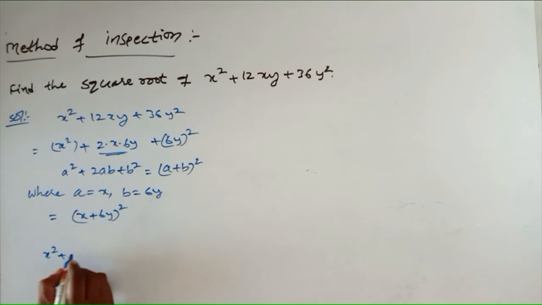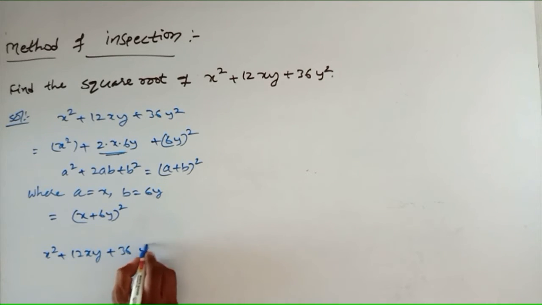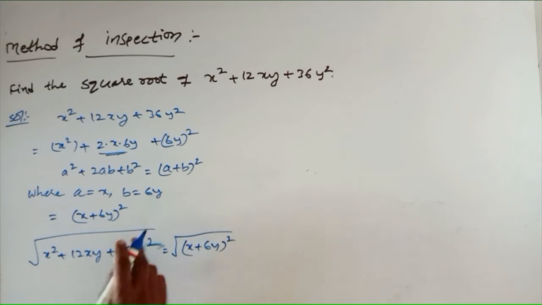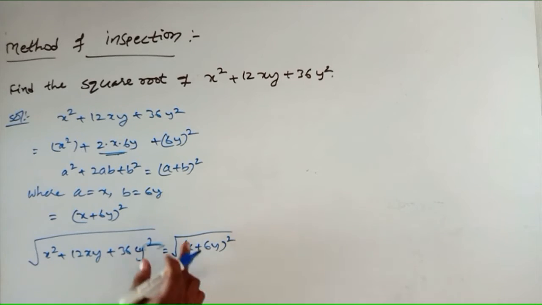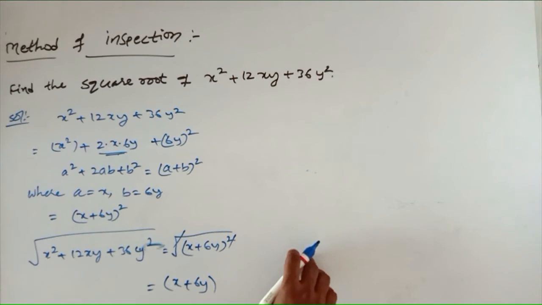Square root of x square plus 12xy plus 36y square equals x plus 6y whole square under root, so the square root will be cancelled. That equals x plus 6y, which is the square root value of x square plus 12xy plus 36y square.